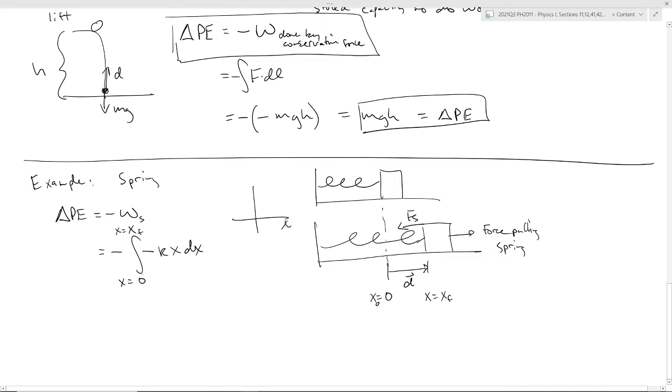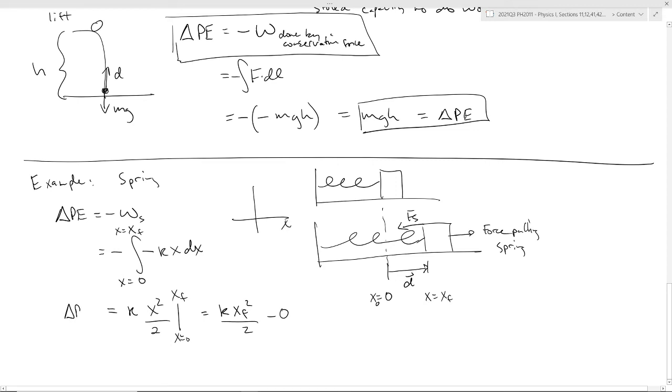Notice our negative signs would cancel, and then we would just have a factor of k times x squared over 2, evaluated from 0 to x final. We could put those numbers in. We would have k x final squared, just to be really step by step here, minus 0 if we're assuming the initial position is 0.